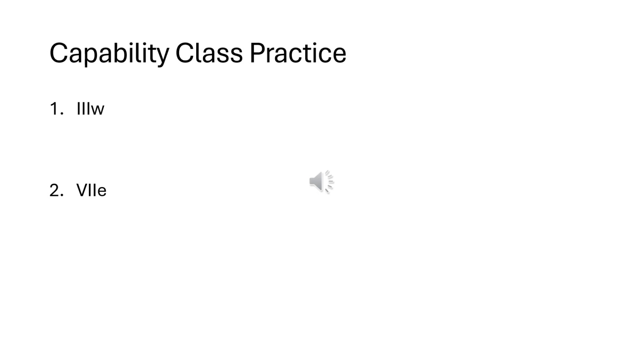The first one is capability class 3 with a subclass W. The second one is capability class 7 with a subclass E. So you need to know what its use is, what you can use it for, what the restriction level is, is there a dominant restriction, and maybe what you could do. Okay, so pause this, jot something down. On the next slide, we'll go over a possible solution.